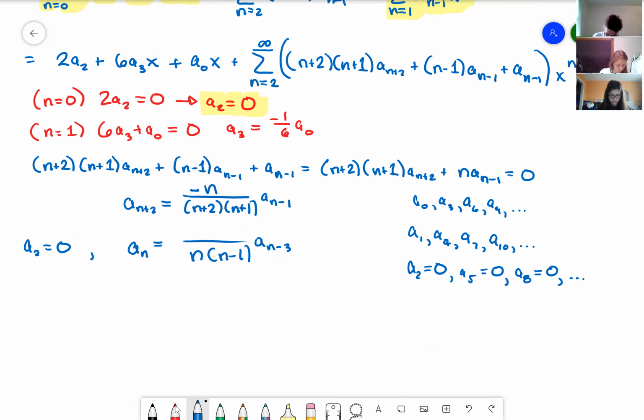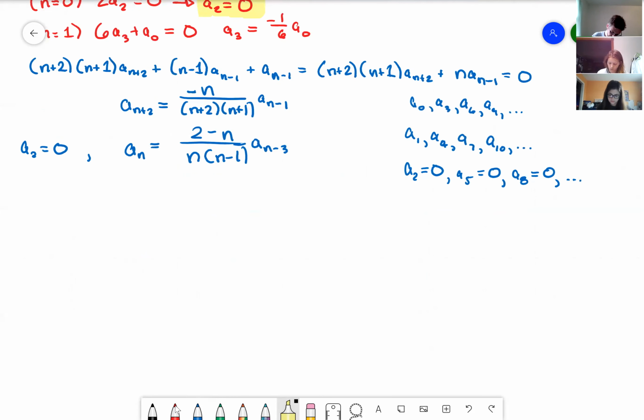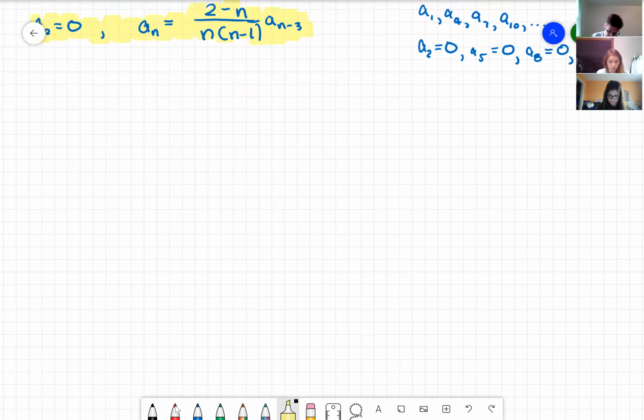We replace n with n minus 2, we get negative n minus 2, which is 2 minus n. Okay, there we go. Oh, we checked against our previous work and we found a mistake. That's good. Okay, anyway, so that gives us our n equals 1 case. And so everything is included in this recurrence relation here. We can scroll everything else off the screen. Don't need that anymore.